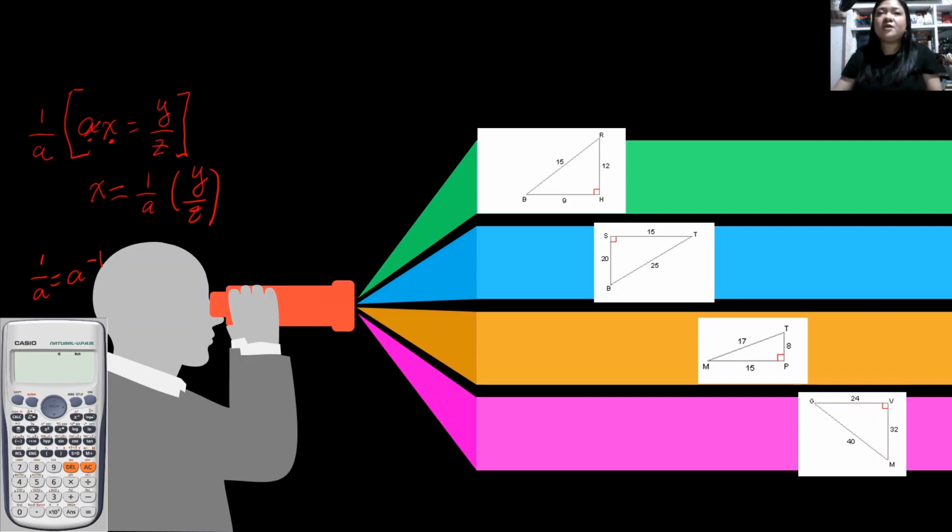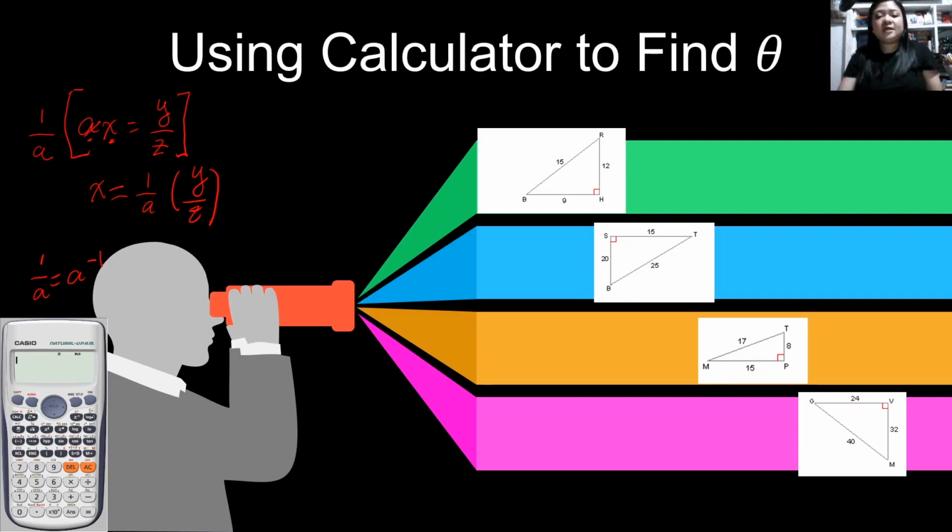Now, what if we are trying to find out theta or the measure of the angle using our calculators? We will use this process. Okay? So, suppose we are looking for the value of theta. Say that we have sine. Okay? So, we know that sine theta is equal to the opposite side divided by the hypotenuse.